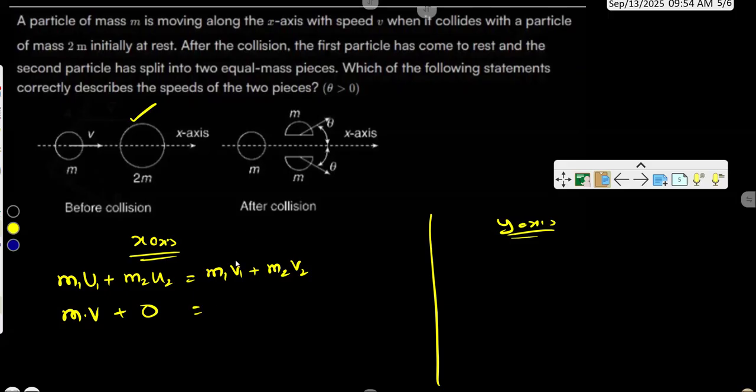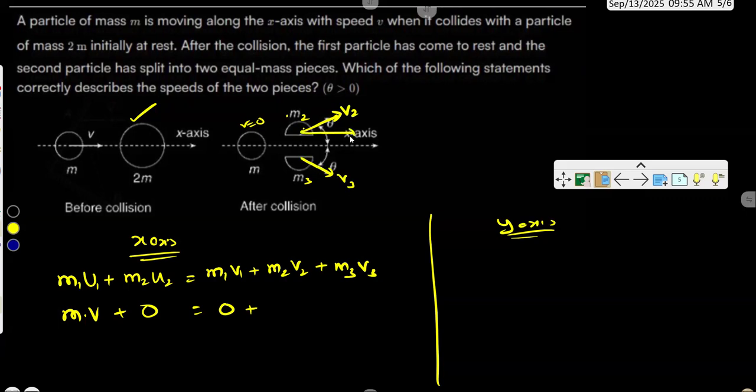Next, the m1 body's final velocity is 0, so m1 v1 will be 0. Then, after the collision there are two bodies, m2 and m3. Let us suppose this one has velocity v2 and this one has velocity v3.